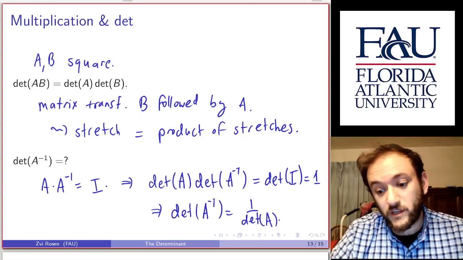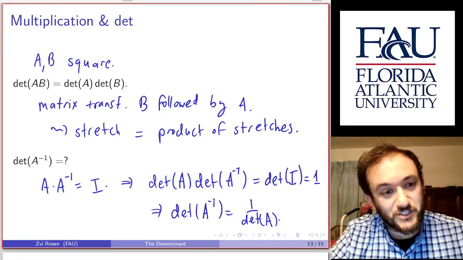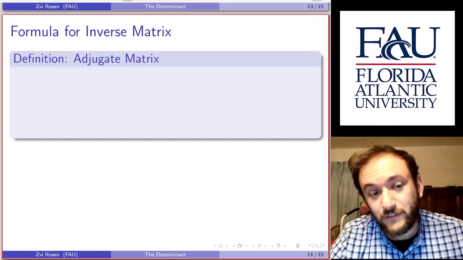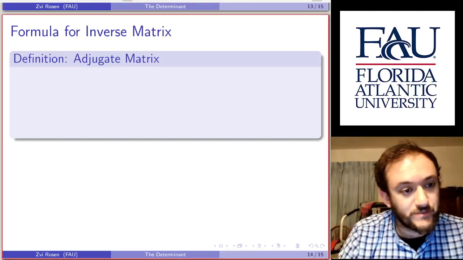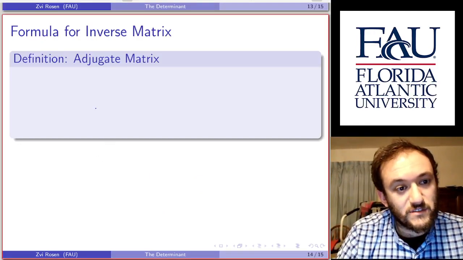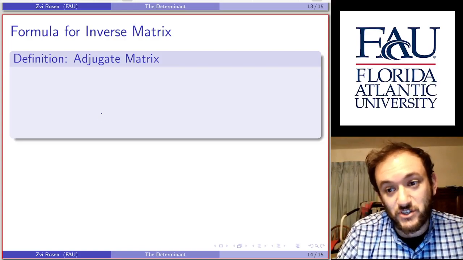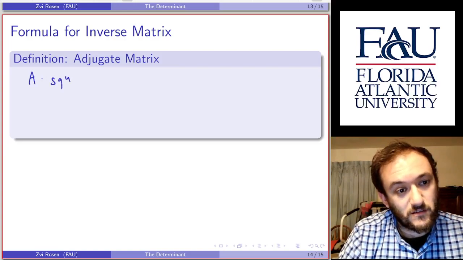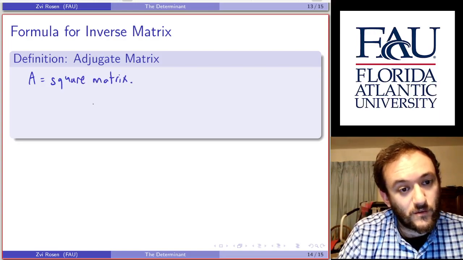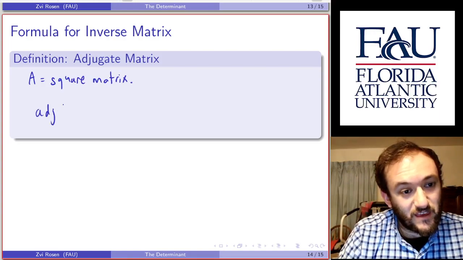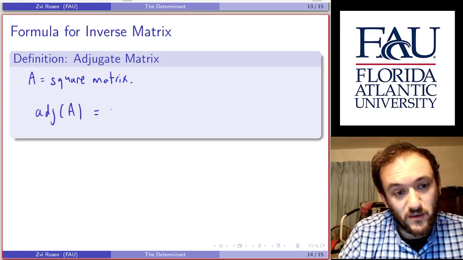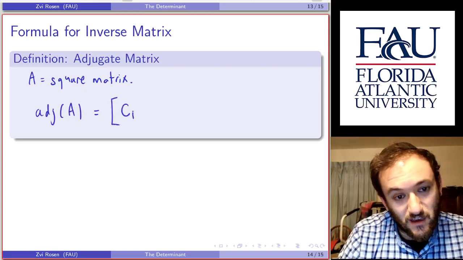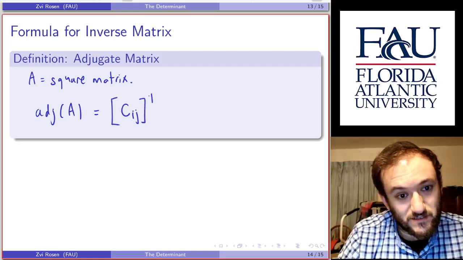We have just one more construction left before the end of the lecture, and that's a formula for the inverse matrix using cofactors. So let's define the adjugate matrix first. For A, a square matrix, we define the adjugate of A to be the transpose matrix of the cofactor matrix.